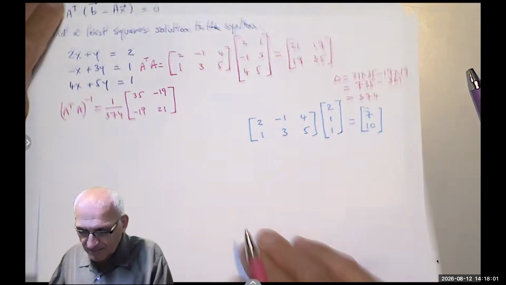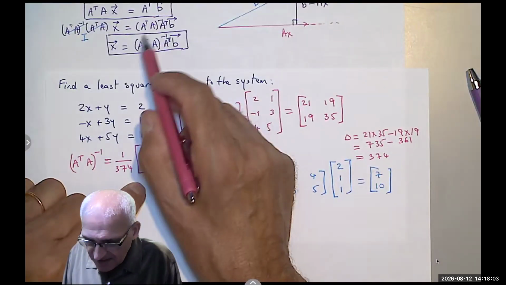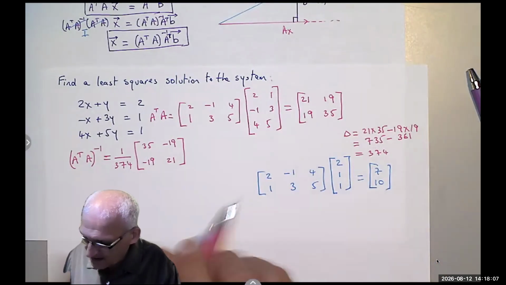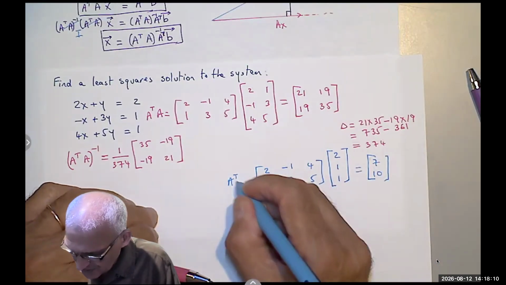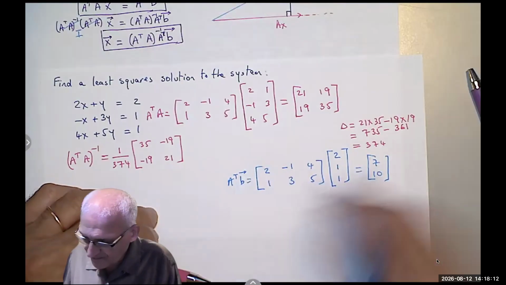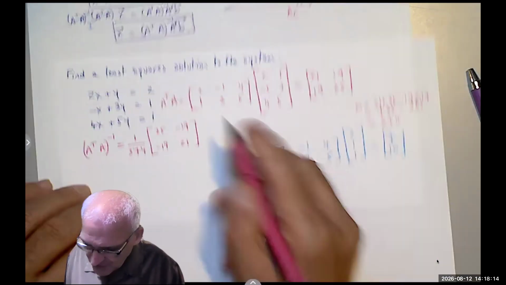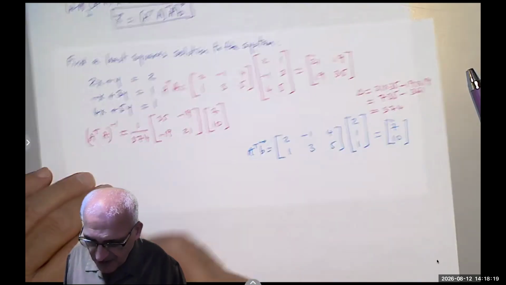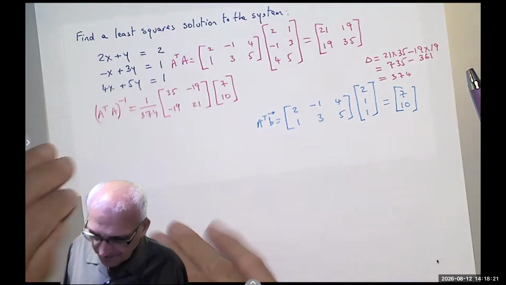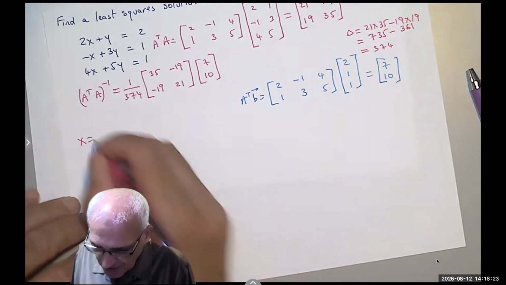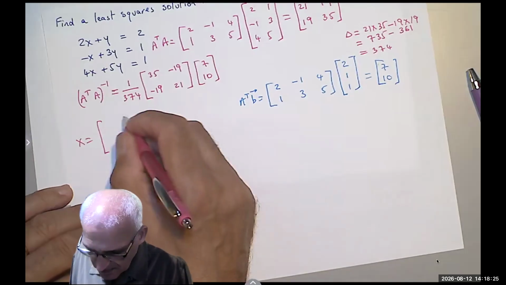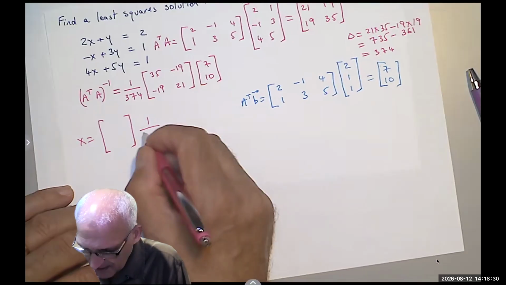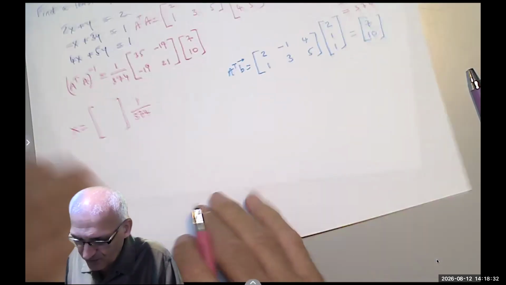Notice, this is A transpose A inverse, and this is A transpose B, which is the 7, 10. So I'm going to multiply that by 7, 10, and that will give me X. So X equals, okay, I forgot to multiply, so let's multiply outside by 1 over 374.